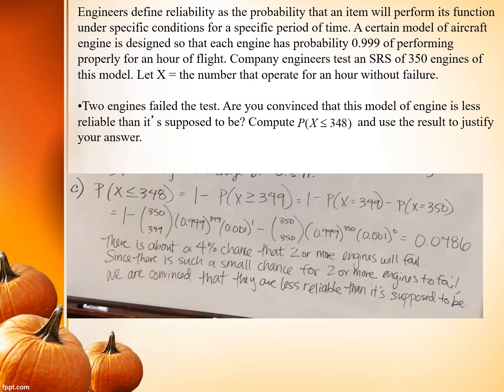The other way I could do this problem is the really hard way. If I want to know the probability that x is less than or equal to 348, I could do this by hand. The easiest way to do this, though, is go 1 minus 349 and 350. So that's probably what I would have done. I would have said 1 minus the probability that x is greater than or equal to 349.